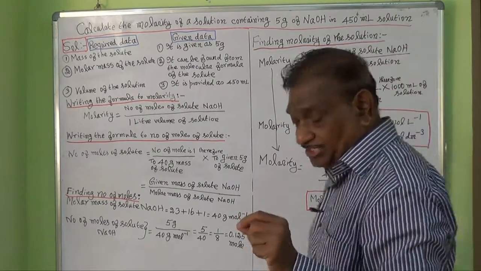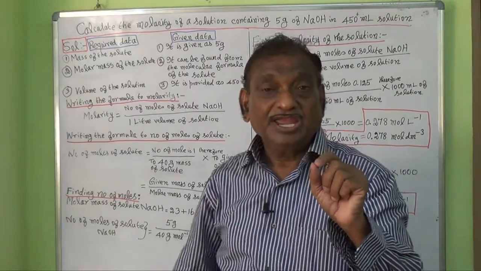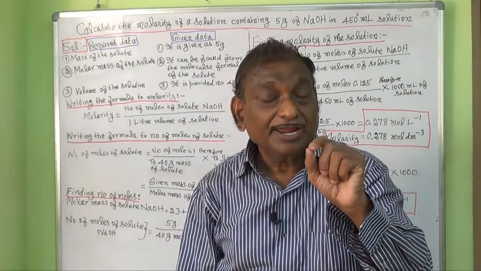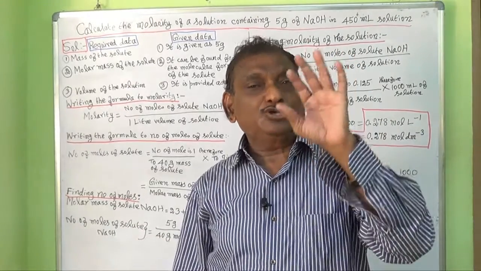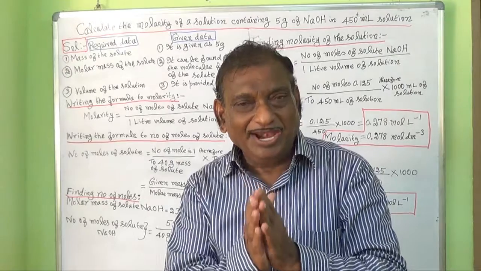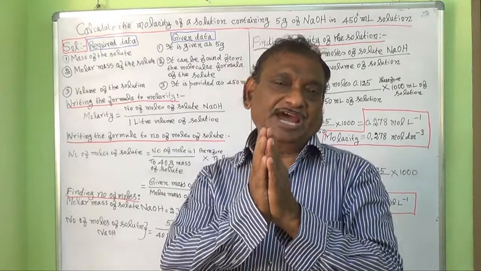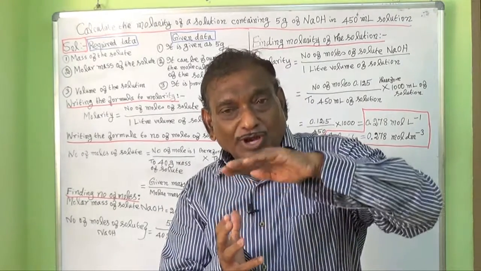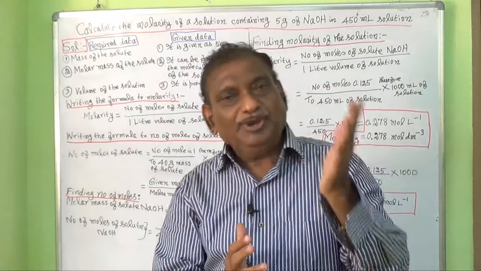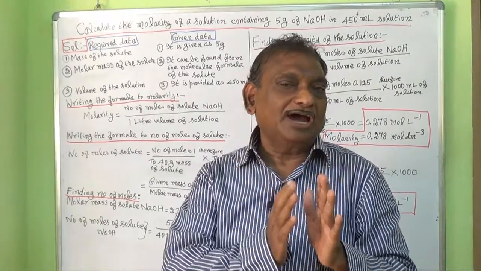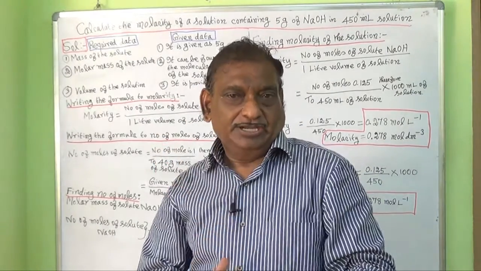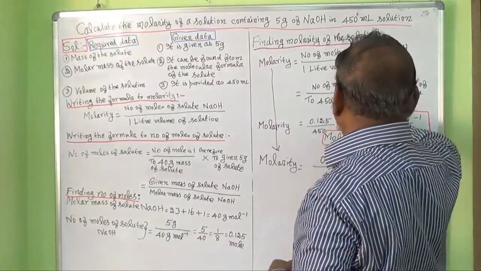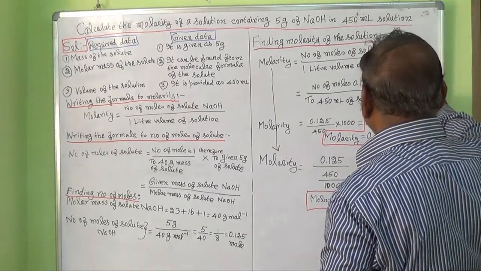Why it is written 1000 ml of solution instead of 1 liter? Because in the sum, the volume of the solution is supplied in milliliter, so that we have to convert the liter into milliliter. We know that 1 liter equal to 1000 milliliter. So it is multiplied by 1000 ml of solution.